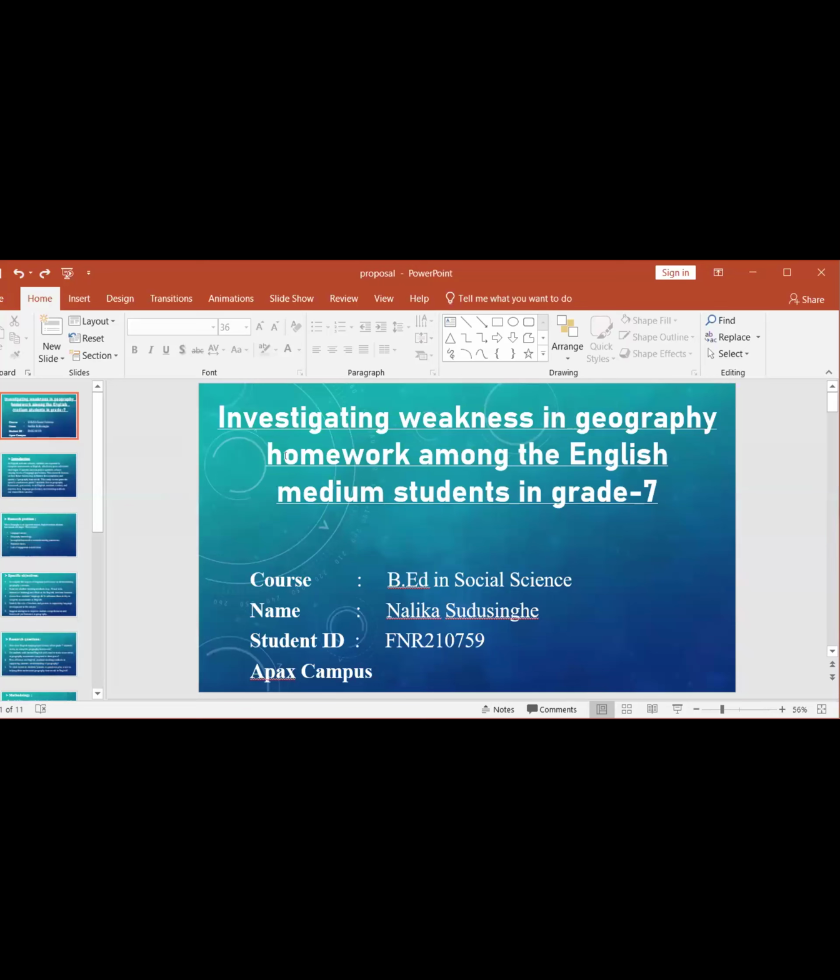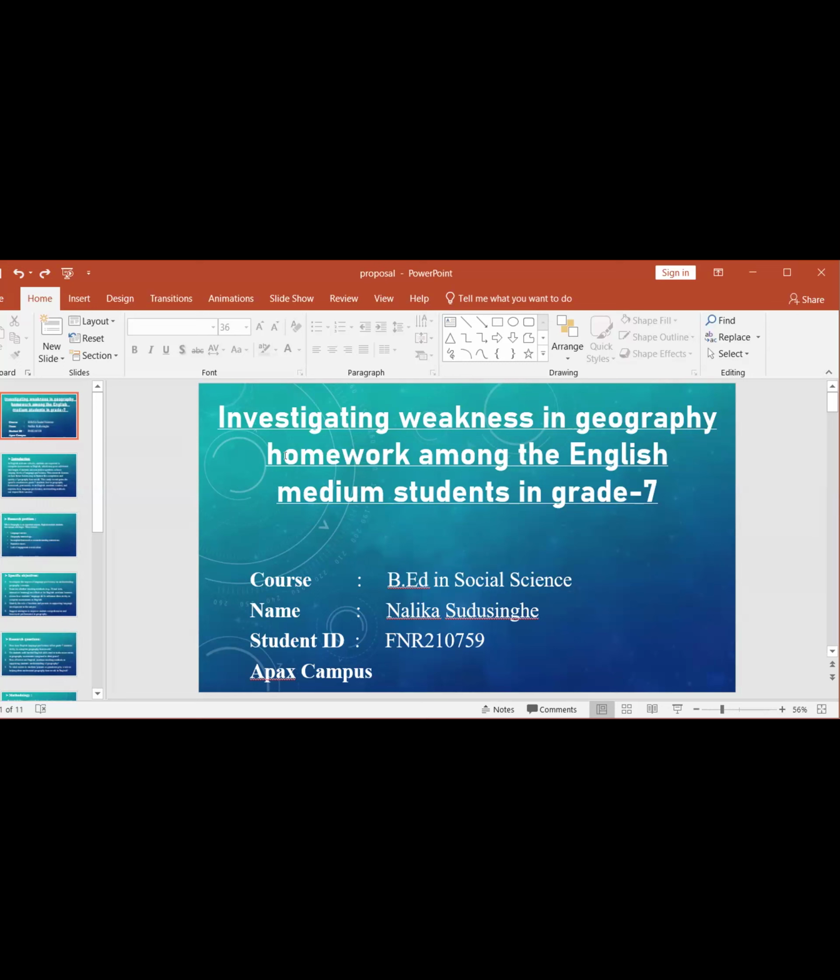My research is investigating weaknesses in geography homework among the English medium students in grade 7. My school is a girls' school. It has bilingual studies, not fully English medium. In English medium, students are expected to complete assignments in English, which may pose additional challenges if students are non-native speakers or have varying levels of language proficiency.